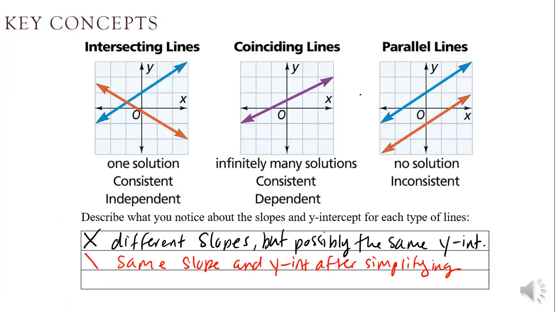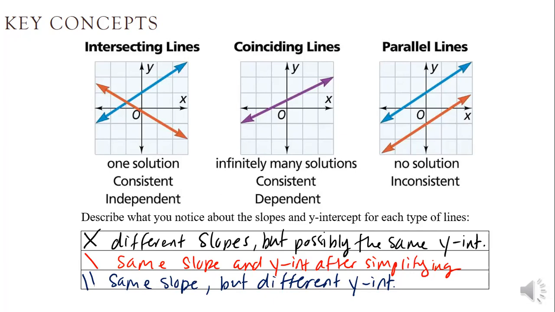Lastly, we have parallel lines. So parallel lines, we learned, will never do what? They will never touch, right? And that's because they have the same slope, but different y-intercepts. Okay, so parallel lines are going to have the same slope, but different y-intercepts.